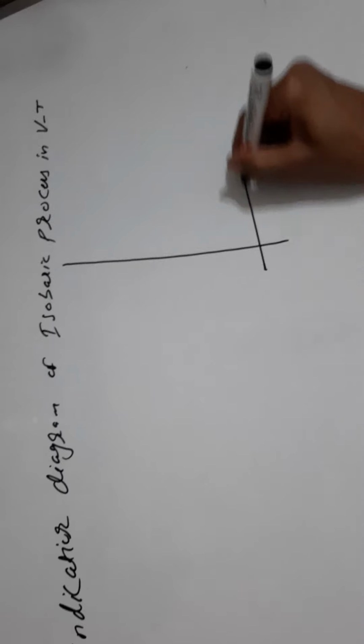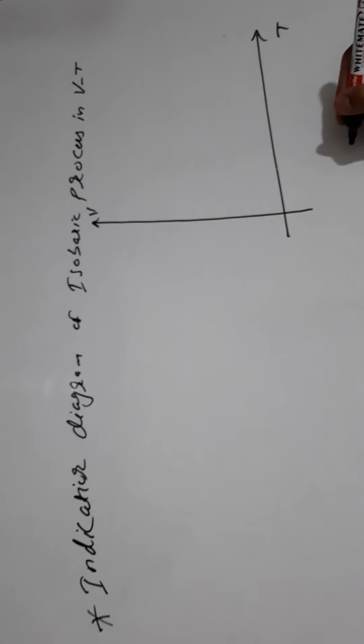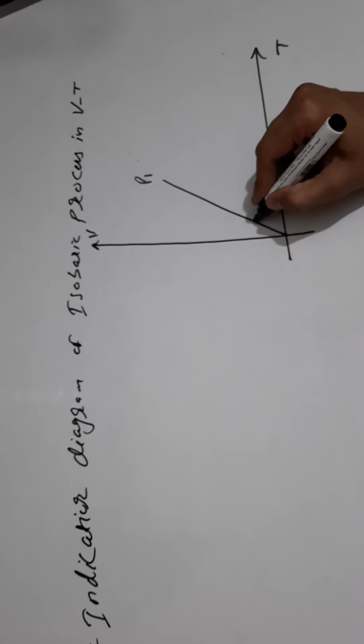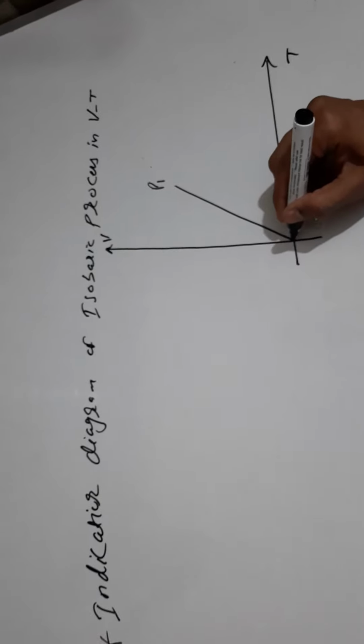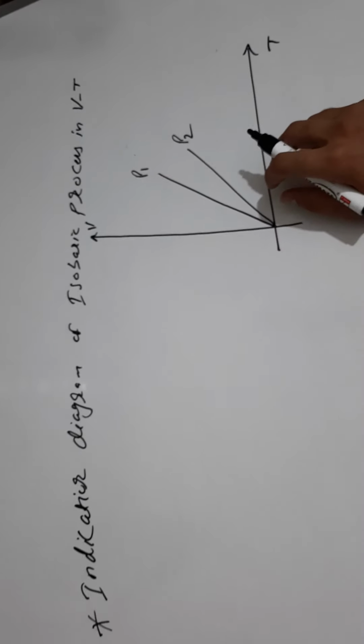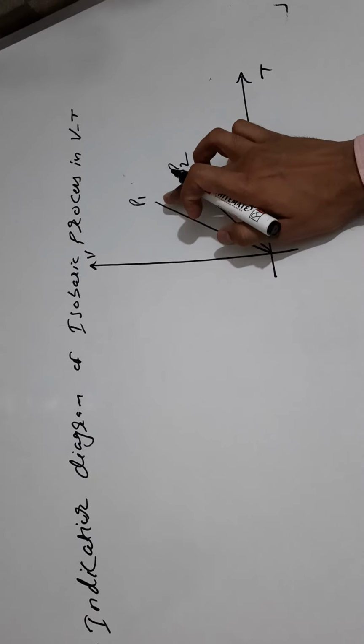Just consider this is the volume temperature diagram. This is the first isobaric process, say P1, where the pressure at every point remains the same, and the next one is P2.